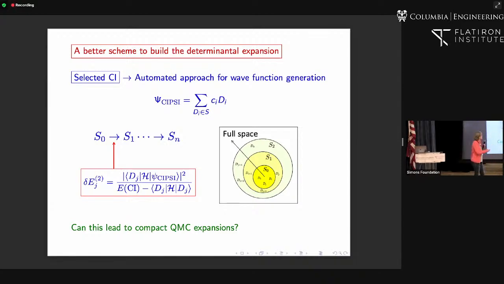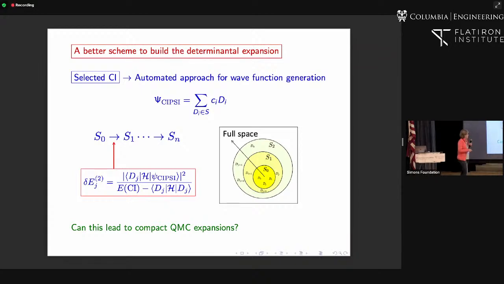So you start to add more and more determinants. And in the CIPSI flavor, you include a new determinant connected to the original set based on their second order contribution to the energy.